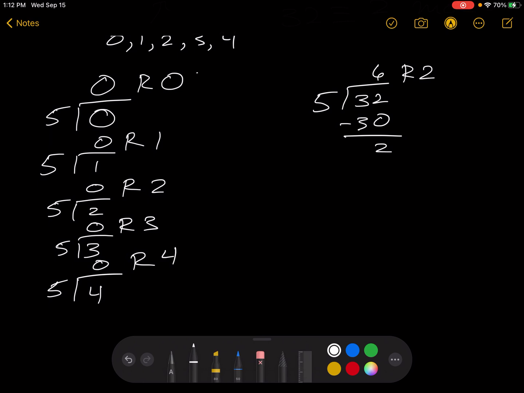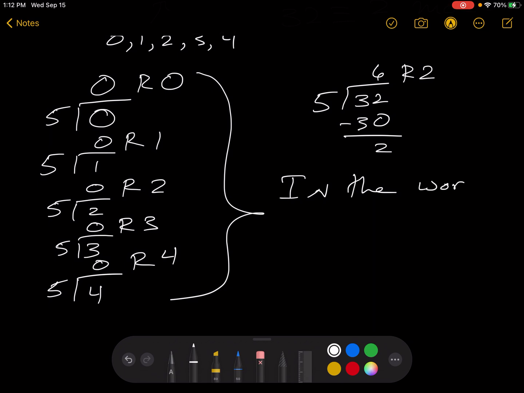Okay, so what this really means is that in the small world, in the world of mod 5, there are really only 5 numbers.